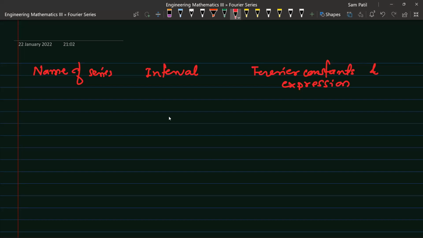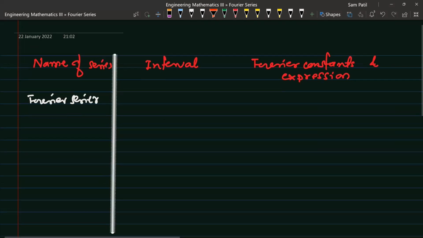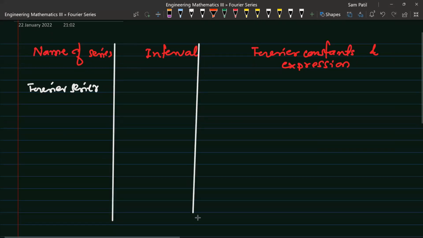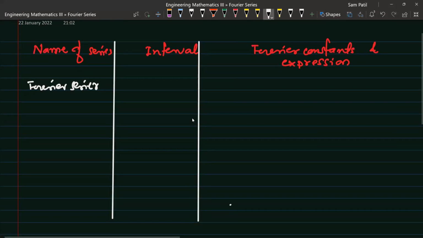Suppose we take the basic definition that we have seen. The name of the series is Fourier series.